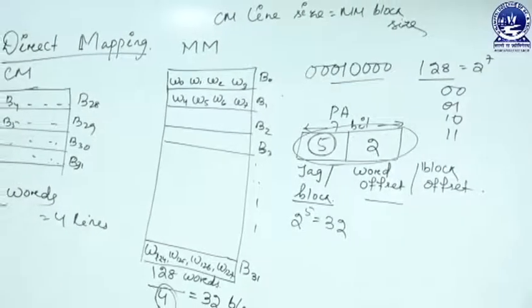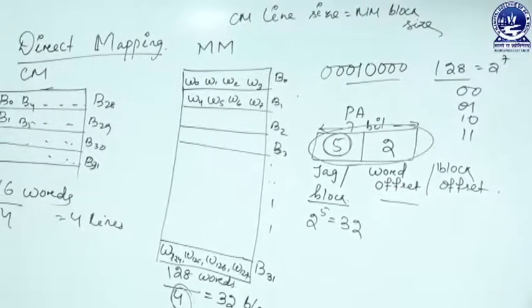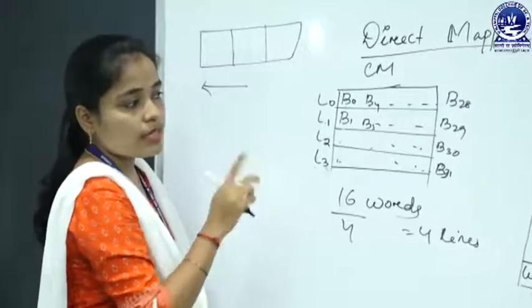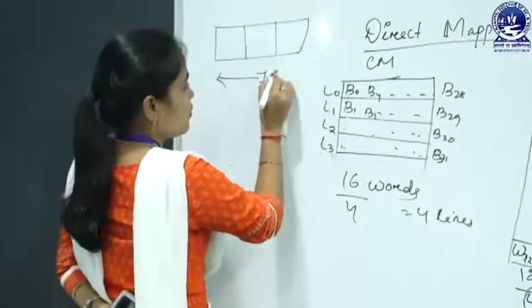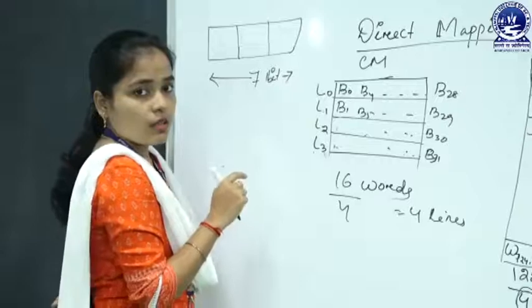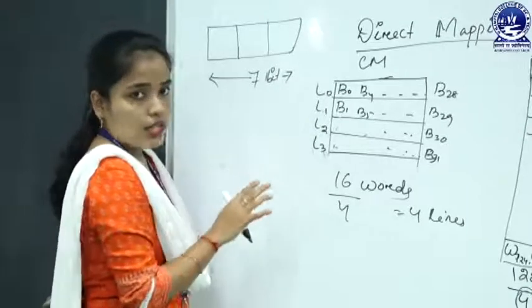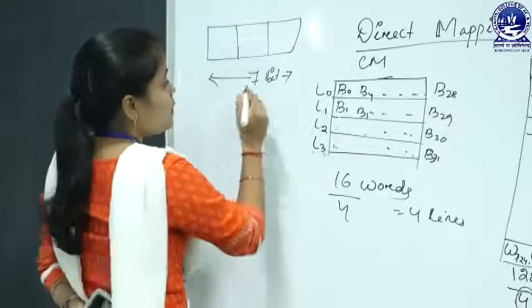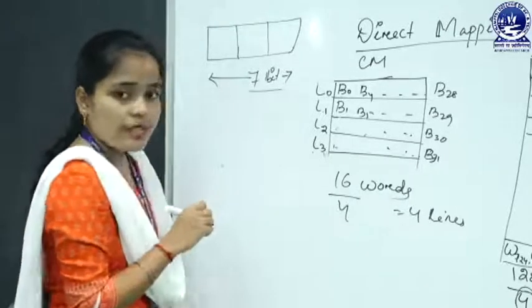So for the cache memory, the total number of bits required to represent the address is the same, 7 bits, because from that we have to get the word from the cache memory. So 7 bits are required.